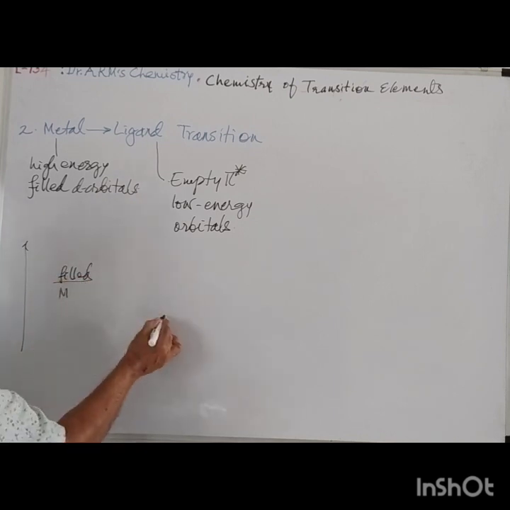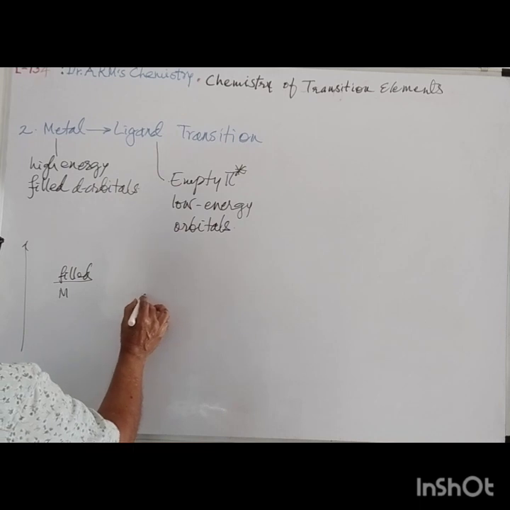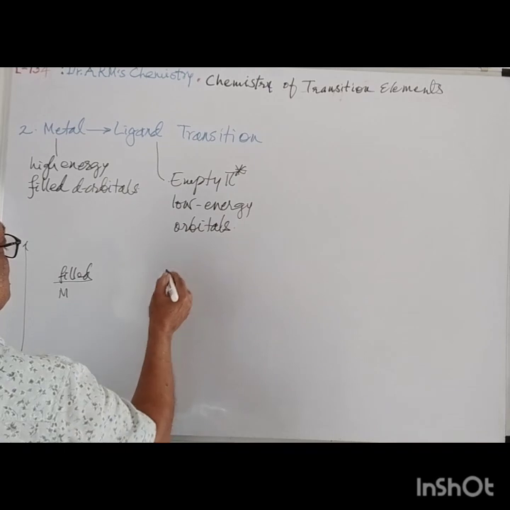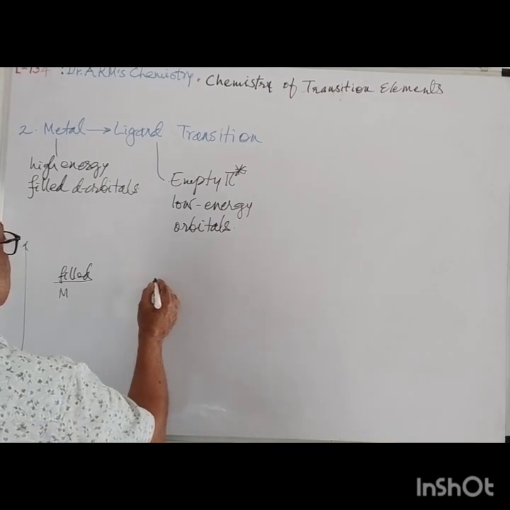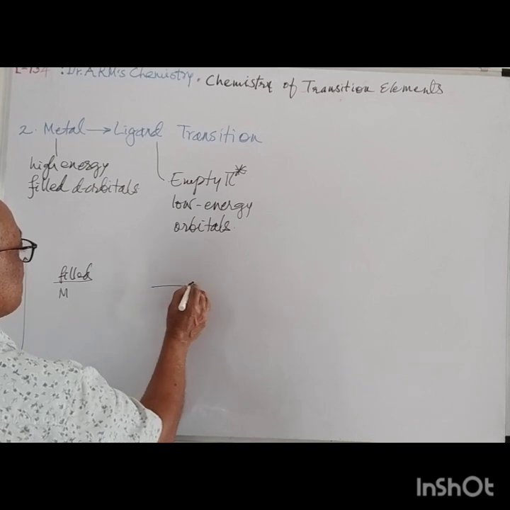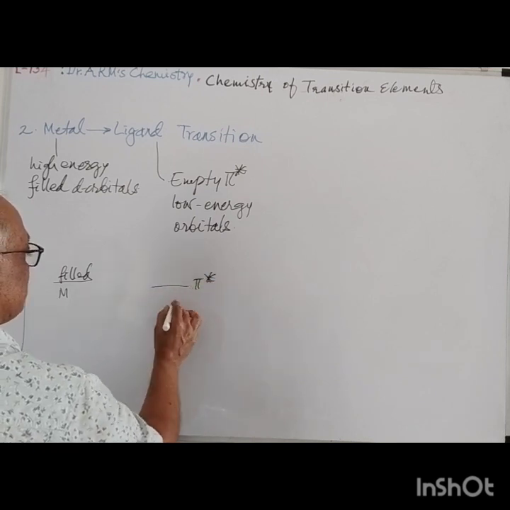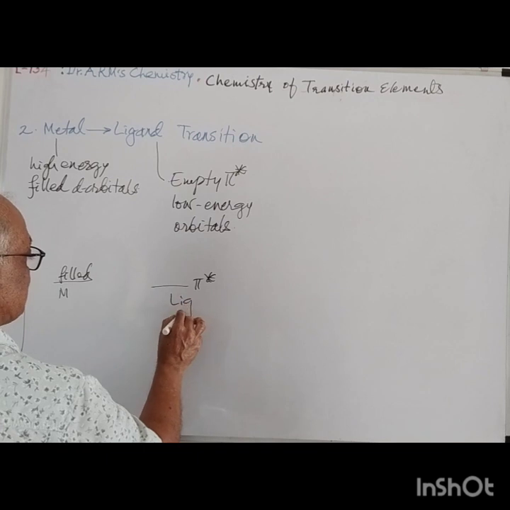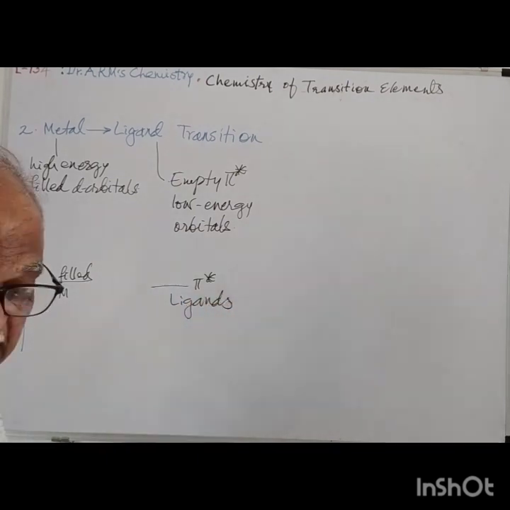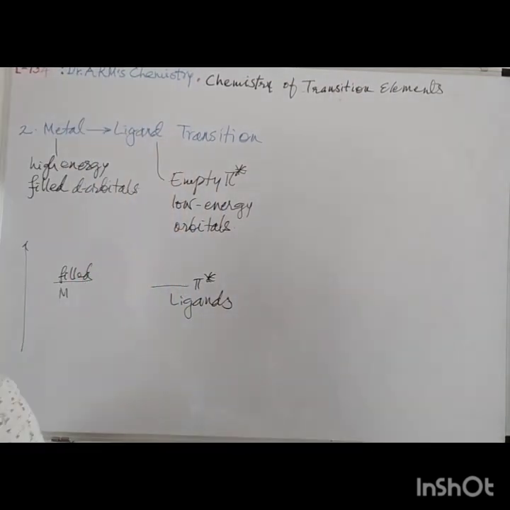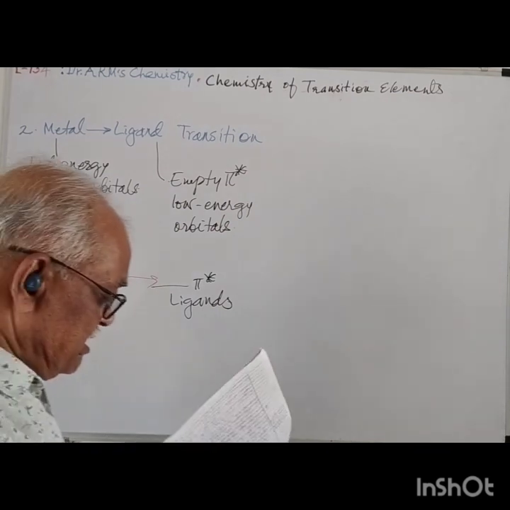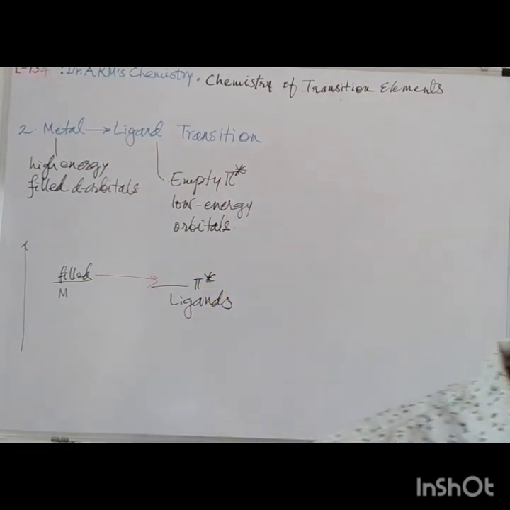And these empty orbitals are relatively low lying pi star orbitals of ligands. So the transitions are taking place from these filled orbitals of the metal to these empty ligand orbitals.